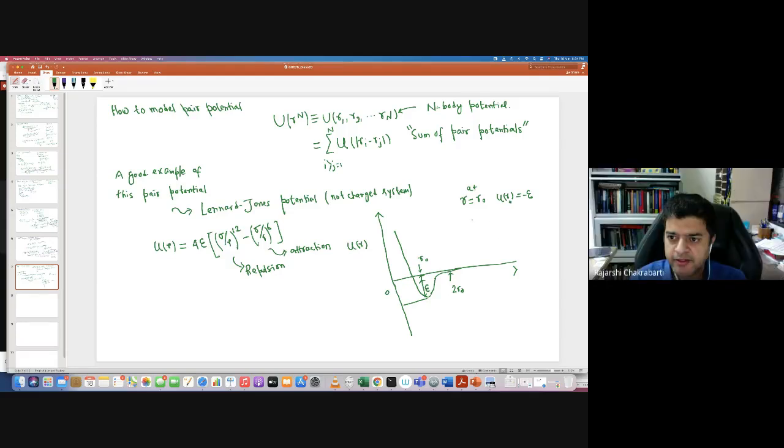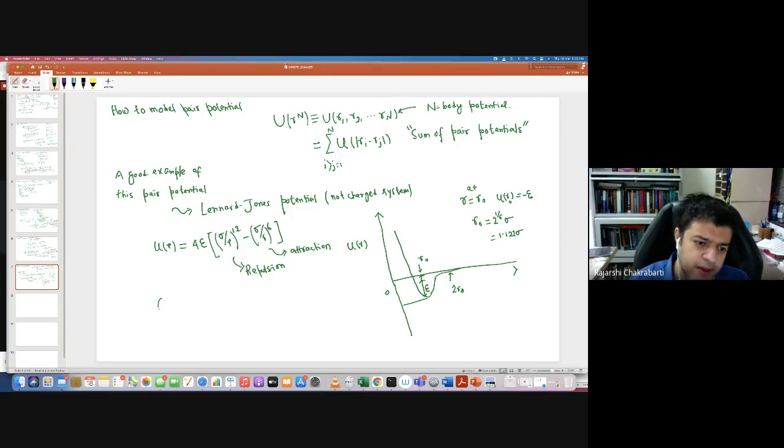Yes, sir. And this r naught you can calculate. It is 2 to the power 1 by 6 times sigma. It is I think 1.12 sigma. Something like that. Check. 1.122 sigma. Okay, you check this, slightly greater than 1.